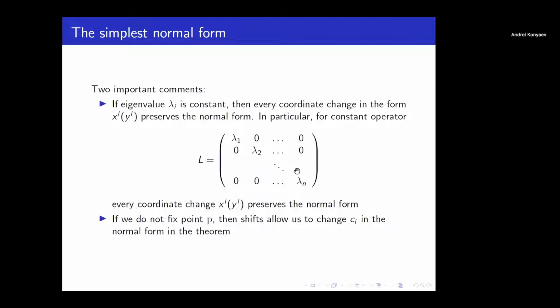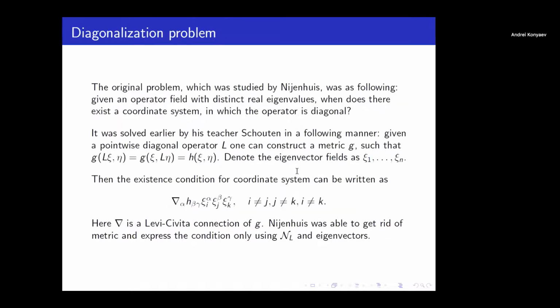This collection of functions, one of them can be only 1 or -1, and the others should be natural numbers. So these are two important comments. So this is enough with the diagonal form, and we arrive at the diagonalization problem.